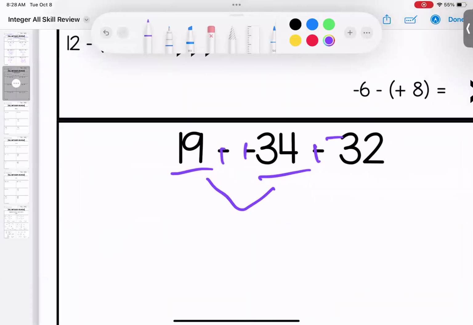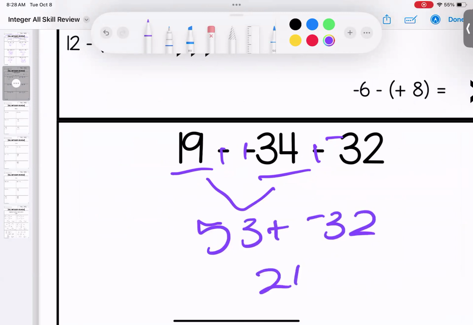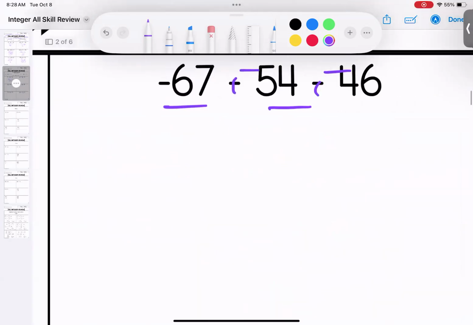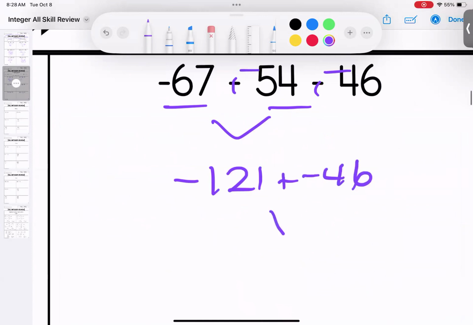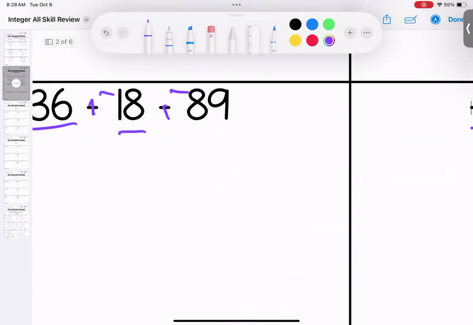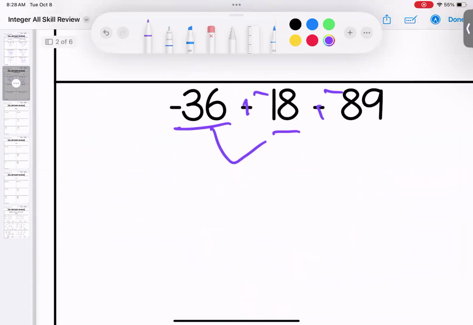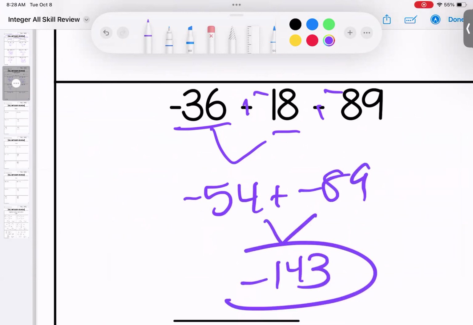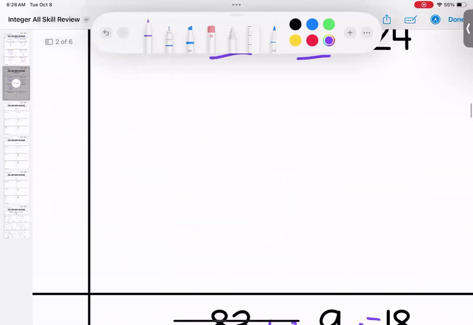Same sign, add. Opposite signs subtract. 21 is positive because the larger number is positive. Same signs add. Same signs add. Negative 167. Coming down here, same sign, add. Negative 143.